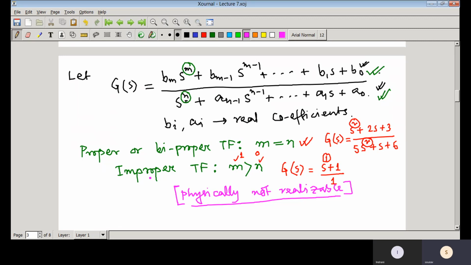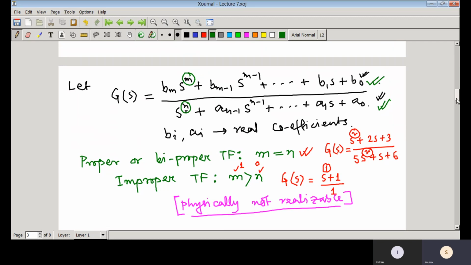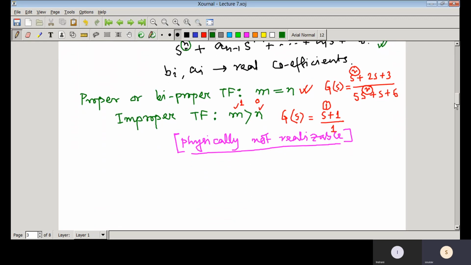So in engineering, in control systems, whatever transfer function you take, you take either proper or strictly proper, that I am going to define now. So you should not go with an improper transfer function because physically it is not realizable.